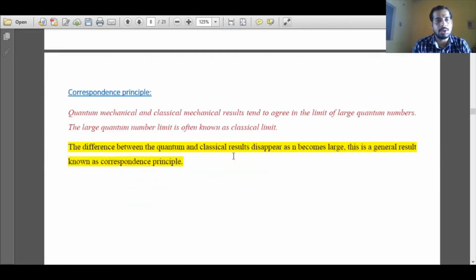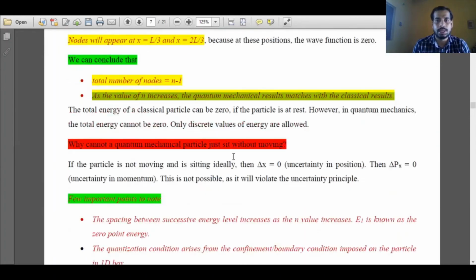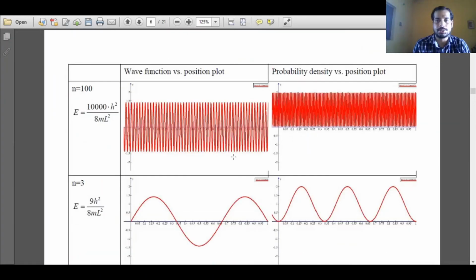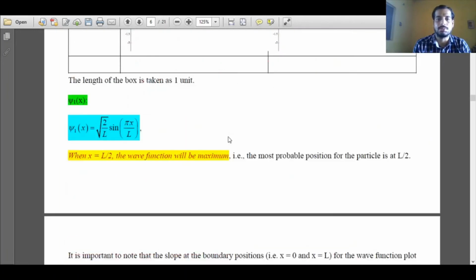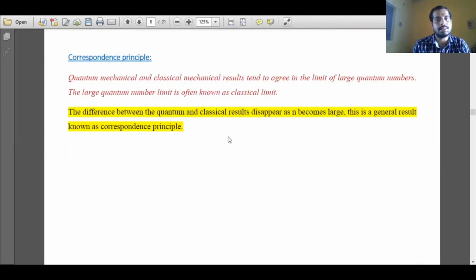Now, what is the correspondence principle? As I said, when the quantum number increases, or when the n value approaches higher integers, the wave function becomes equally distributed over all space, from 0 to L. The physical significance of this equal distribution is that the particle can be found anywhere between 0 and L, and that is the classical result.